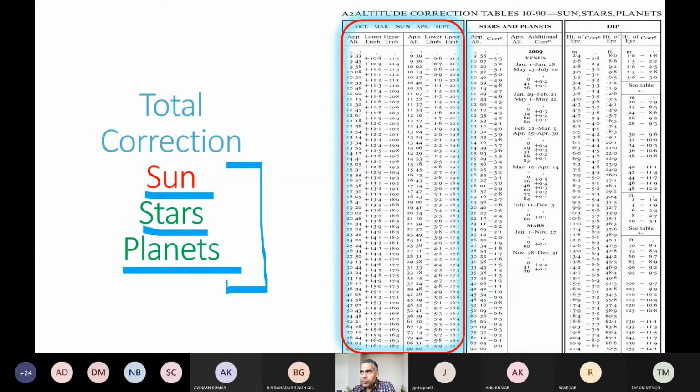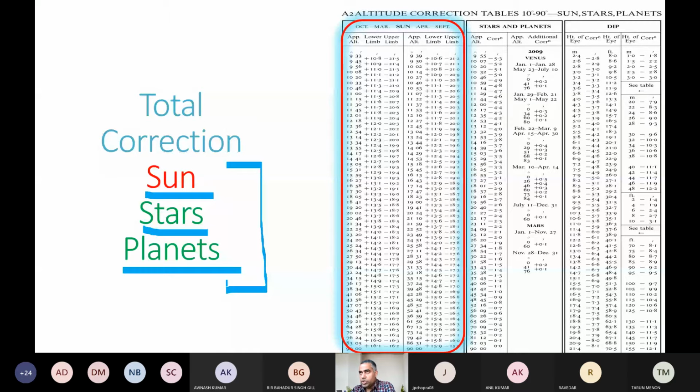Now this total correction table is divided into two parts for six months of the year, October to March and April to September. So depending upon when you are taking your sight, you enter into that particular part of the table. In each part, you see two corrections given. One is for the lower limb, the other one is for the upper limb.